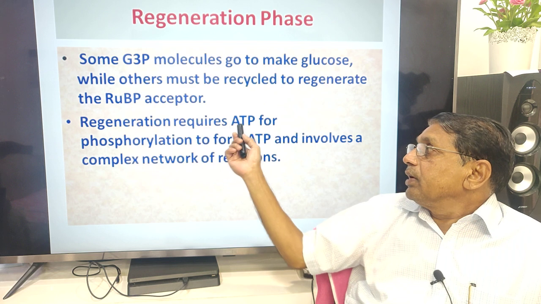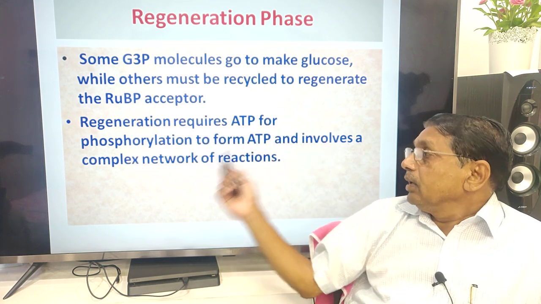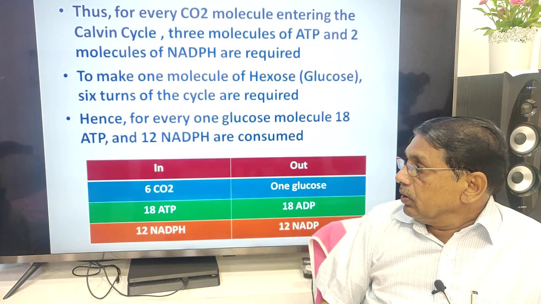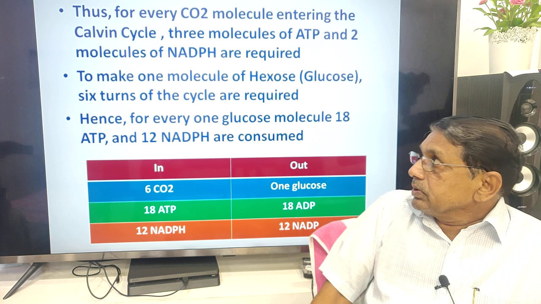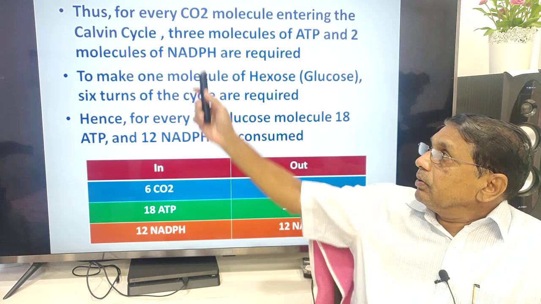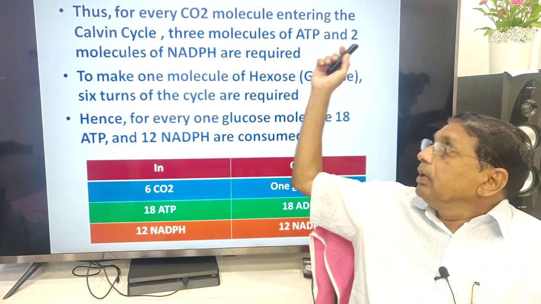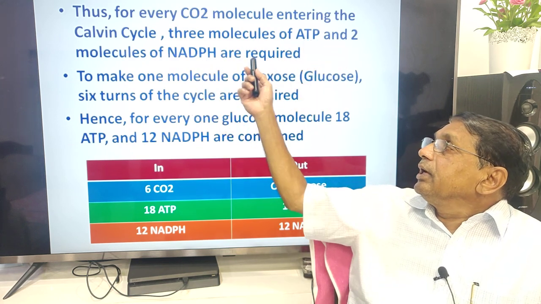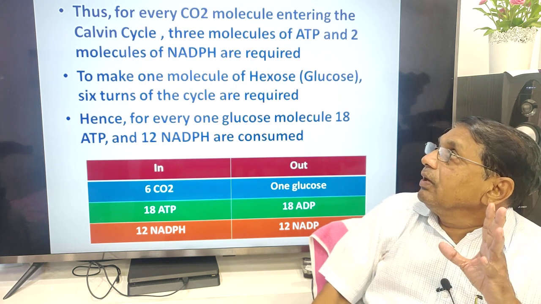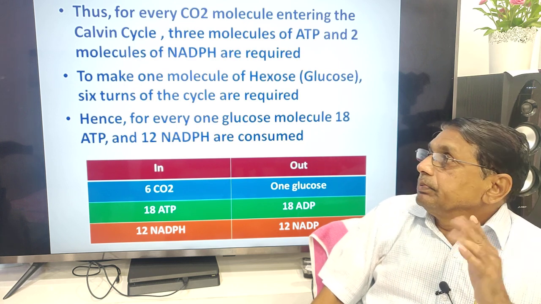The regeneration phase requires ATP for phosphorylation and involves a complex network of reactions. Thus, for every CO2 molecule entering the Calvin cycle, 3 molecules of ATP and 2 molecules of NADPH are required for every 1 carbon molecule to be fixed.